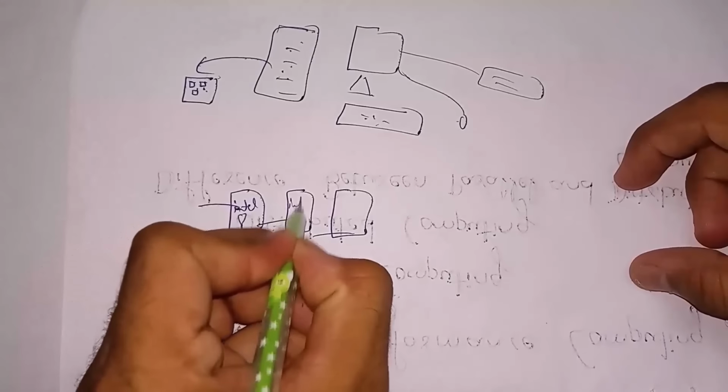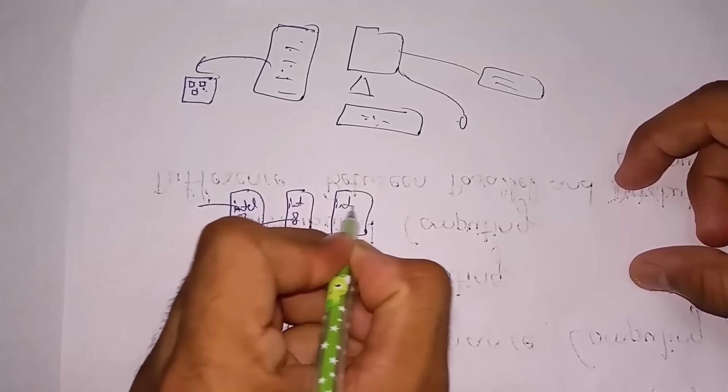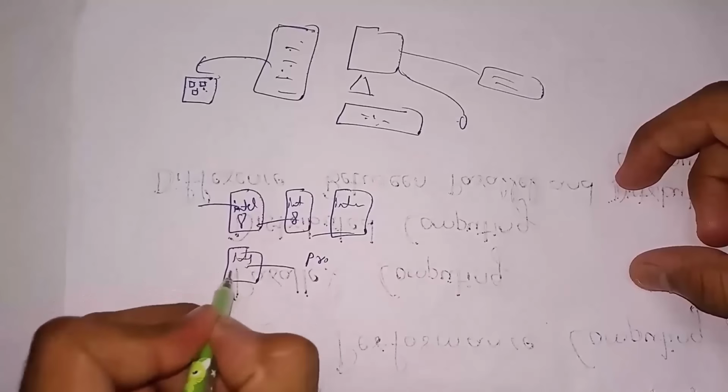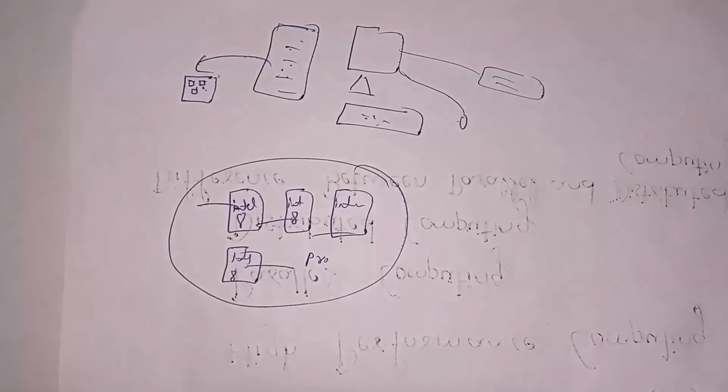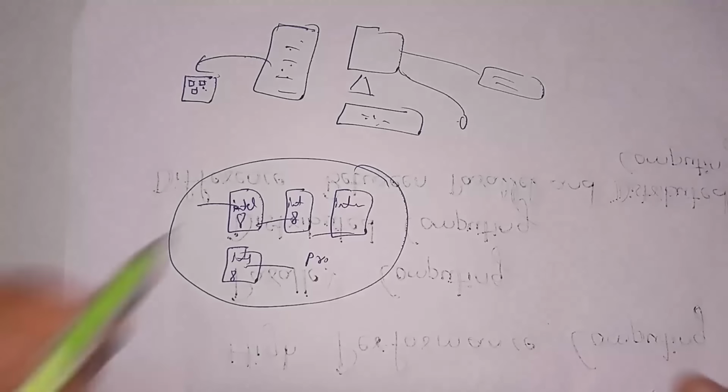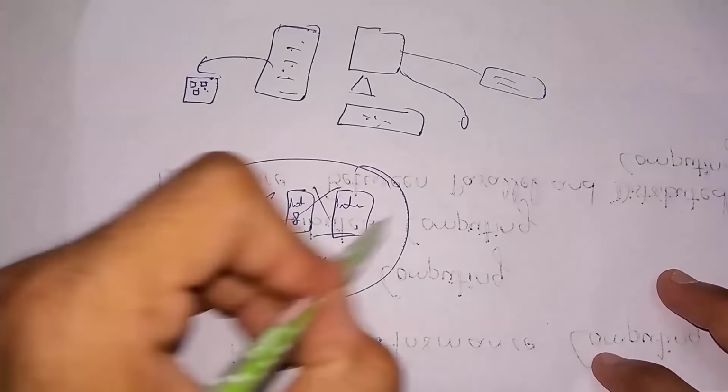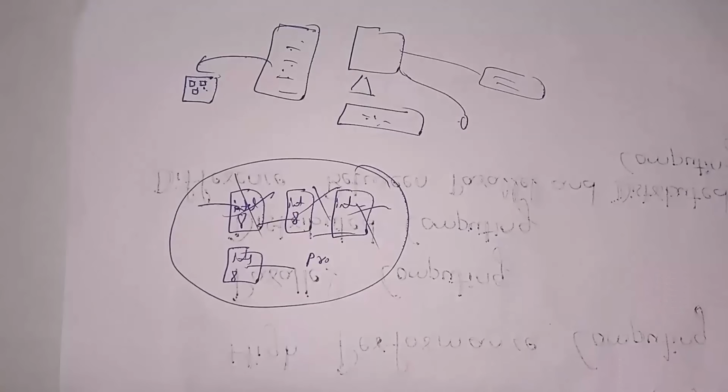This is also Intel 8 core processor, this is also Intel 8 core, and this is also Intel 8 core. So all these are of same type. So if all processors are of same type, then we call it as homogeneous processors. For example, let us say now inside my CPU there are 4 different type of processors. All are not of same type, all are different type. Then we call it as heterogeneous processors.